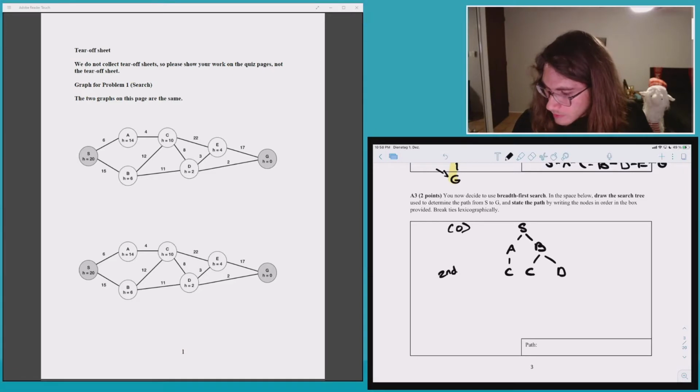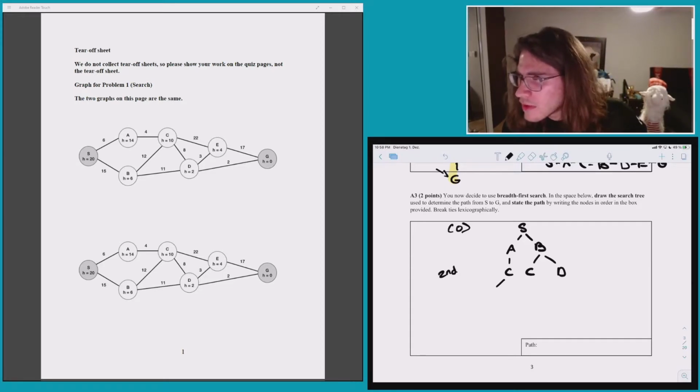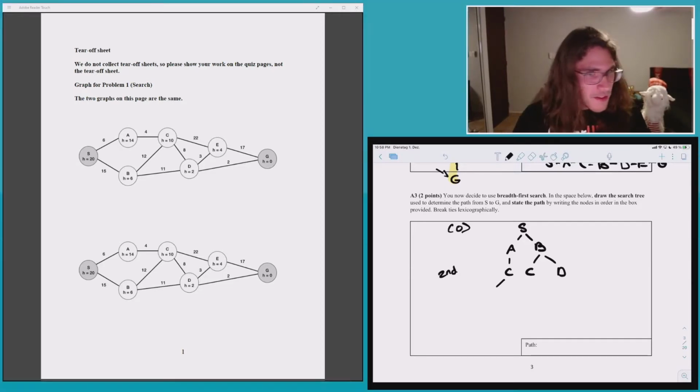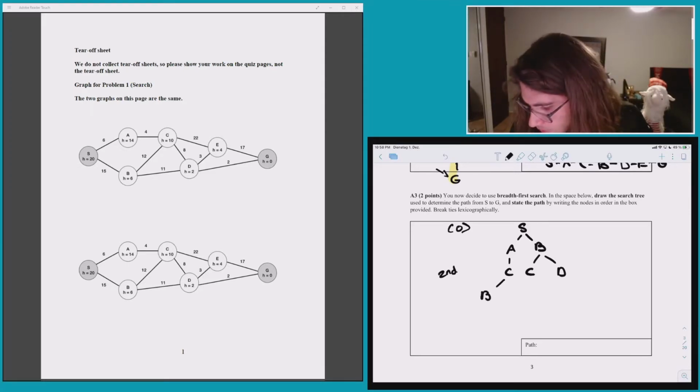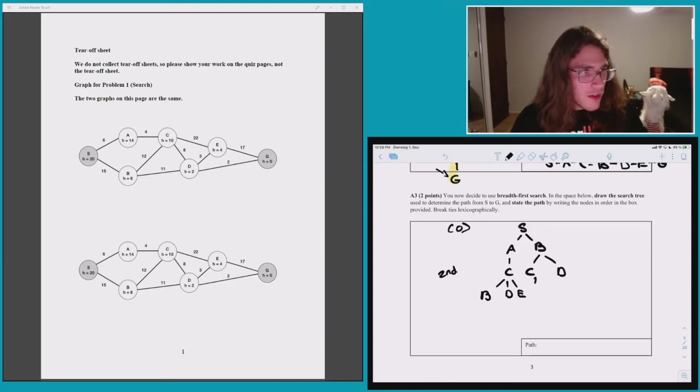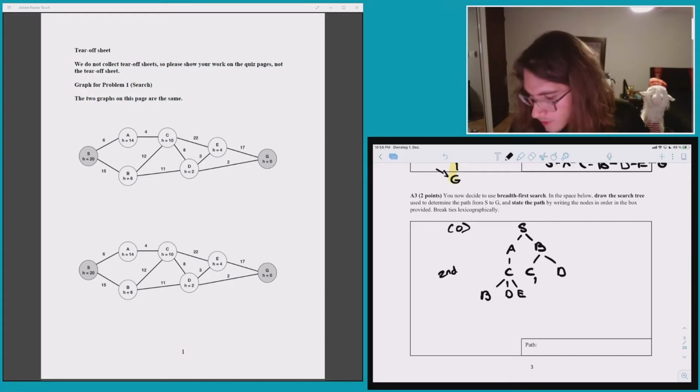So next in line, I've expanded this entire level, which means I'm starting again with the leftmost child. I expand it out to, I'm trying to read the graph, B, D, or E. And then I expand SBC, and because I just expanded node C, I can't go in a loop, so it's not going to go back to B, but it can go to A this time, because SBCA is not a loop.